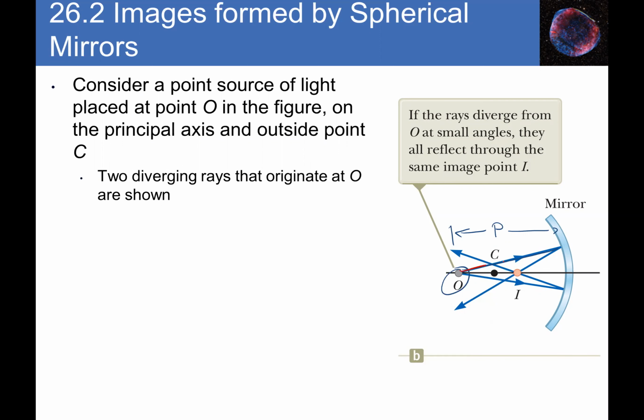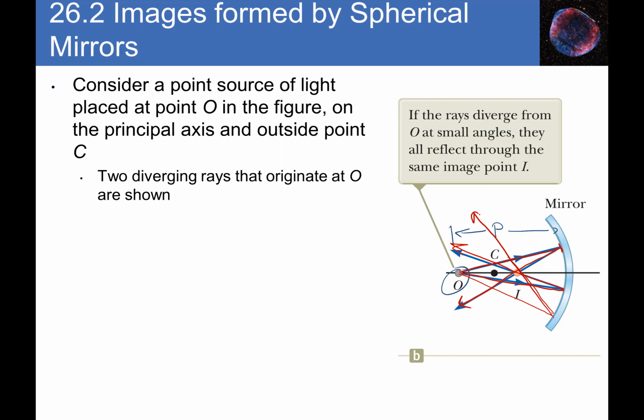This one goes, hits the surface, then follows the law of reflection, so it reflects back. Here's another one, goes like this, hits the surface, follows the law of reflection, reflects back. And I can do a few other ones. This one goes there, hits the surface, follows the law of reflection, and reflects back like this, more or less.